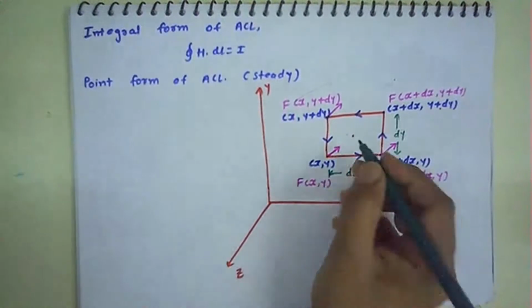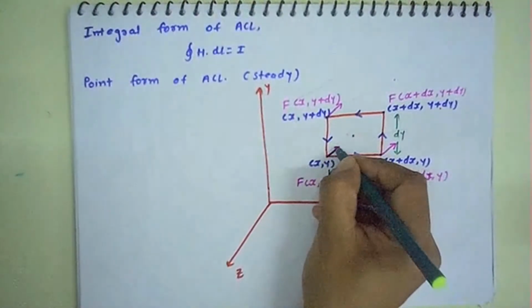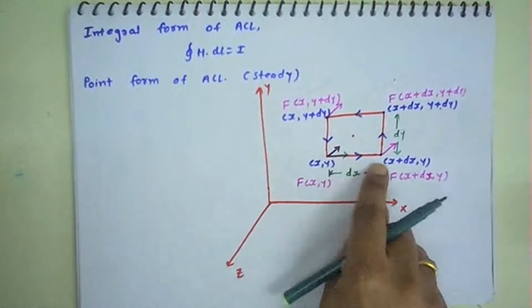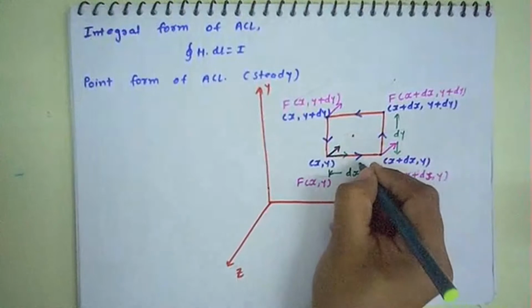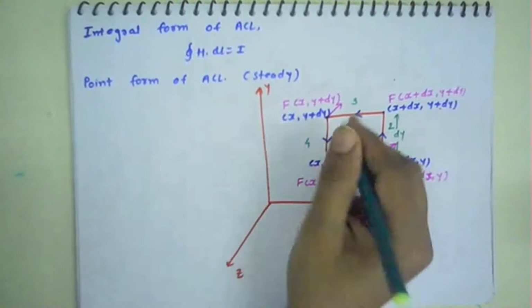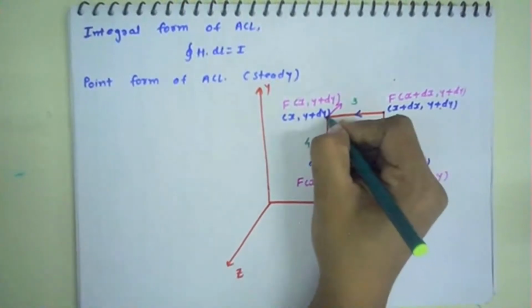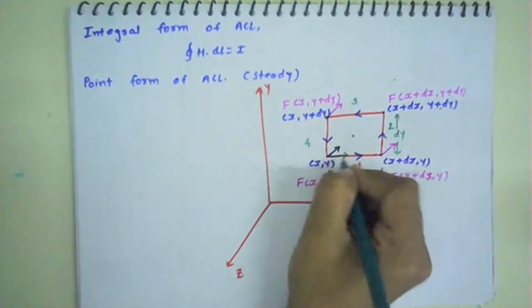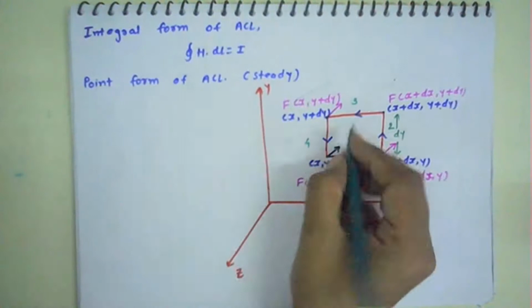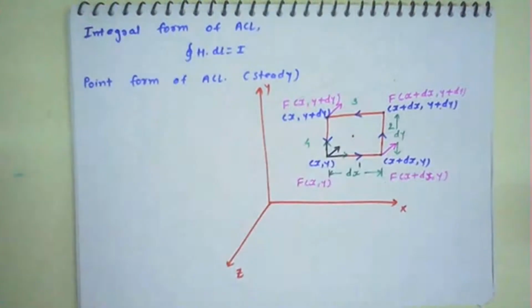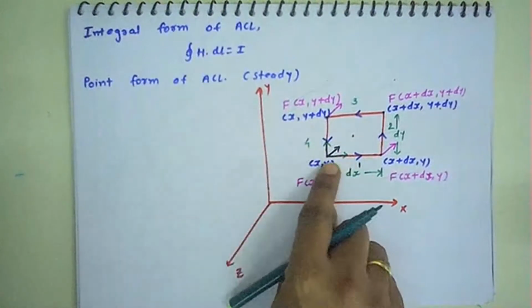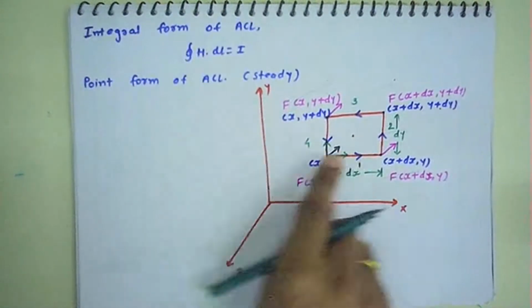Now whatever field we are considering, the x component is in the direction of the first segment. Let us assign segment numbers 1, 2, 3 and 4. This is my x component that is contributing to calculate the curl of this vector, and this y component is again contributing to find the curl, as they are along line number 1 and line number 4.